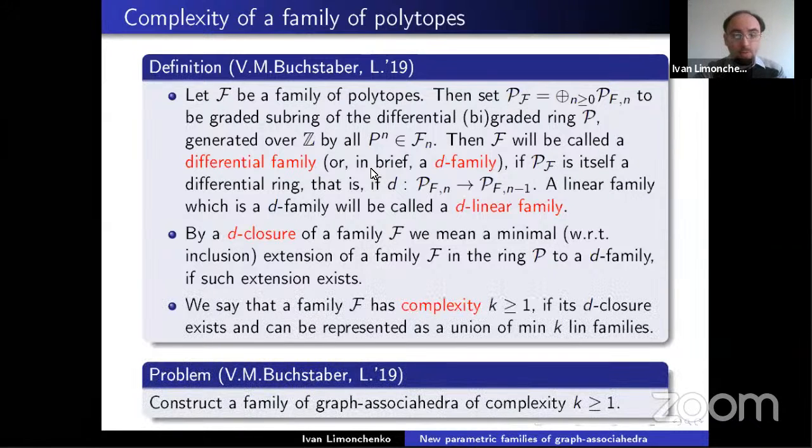And finally, we say that a family of polytopes has complexity k if its d-closure exists and can be represented as a union of minimally k linear families. The problem that we stated with Victor is to construct families of graph-associahedra of complexity k for any given k greater or equal to 1.